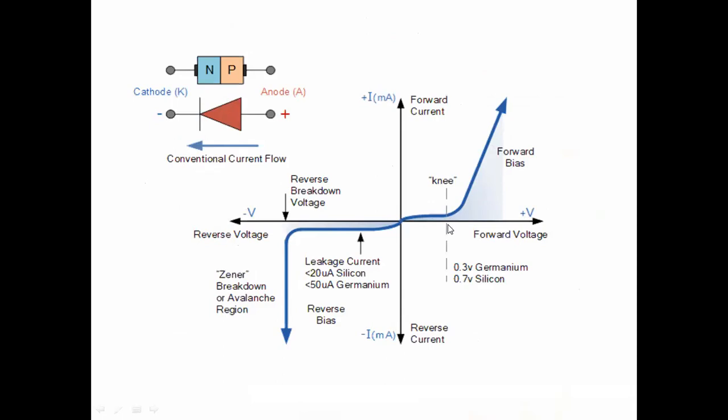This value decreases as the temperature increases for a PN junction diode.